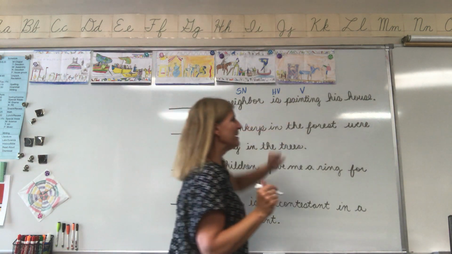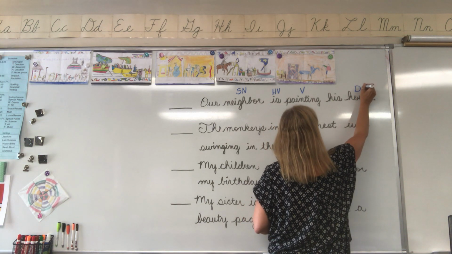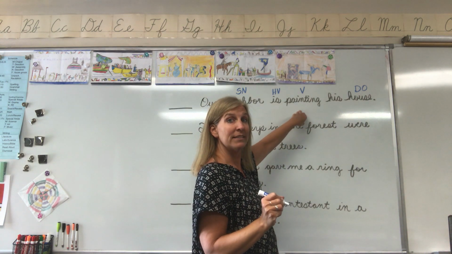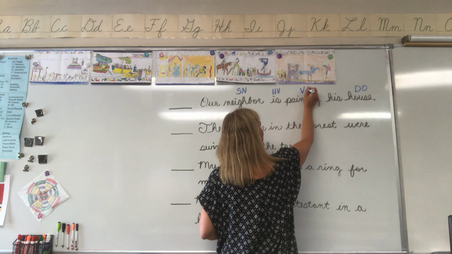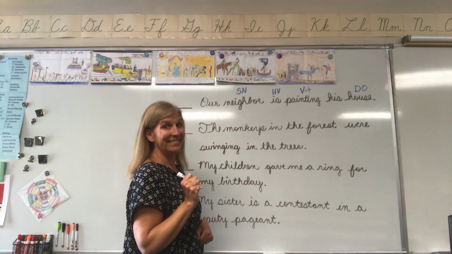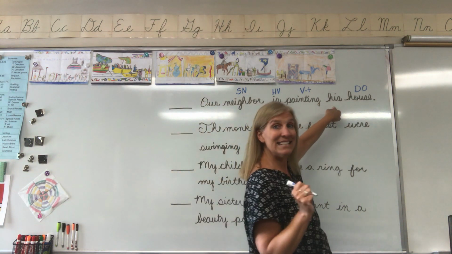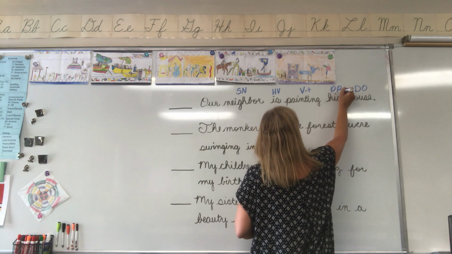No. That means house is a direct object, and that means that painting must be what? A verb transitive. Do you know what pattern we're in now? I bet you do. Whose house? His house. Possessive pronoun adjective.